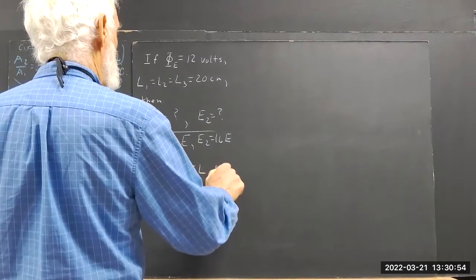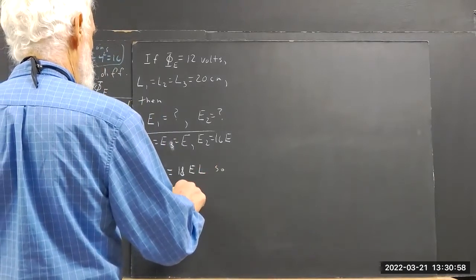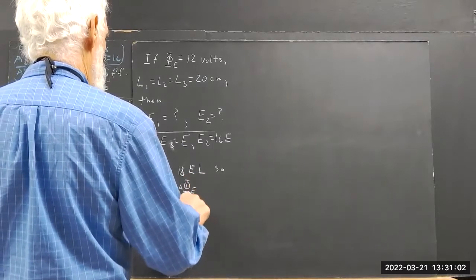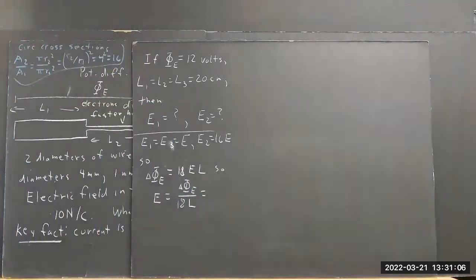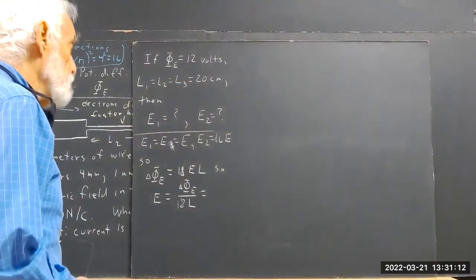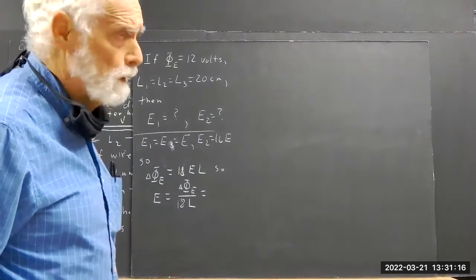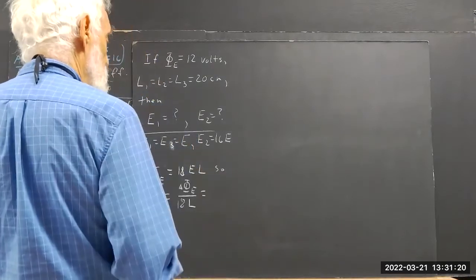EL. We get delta phi over 18L, right? L is 20 centimeters, so 18 times 20 is 360, okay, 320 centimeters or 3.2 meters.